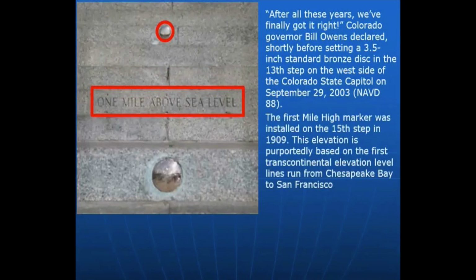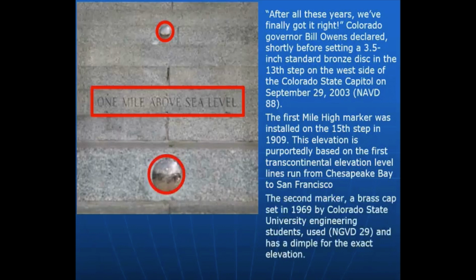So the first mile-high marker was actually installed before NGVD 29 on the 15th step, and was done because of the Transcontinental Railroad. If you think of that, the railroad came pretty close to around there, and they had to measure that to figure out how they're going to get the railroad from somewhere in the middle of the country over to San Francisco.